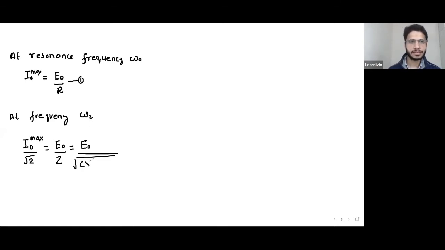Z is the square root of XL minus XC whole square plus R square. That's equation number 1 and this is equation number 2. Is it clear? Equation 1 and 2?